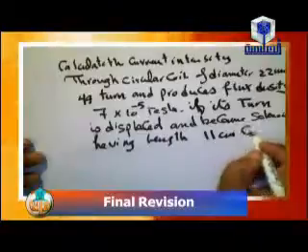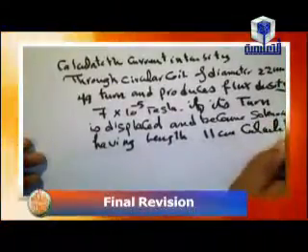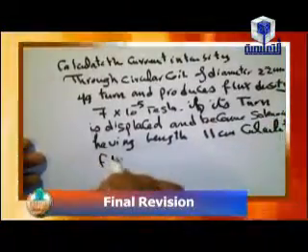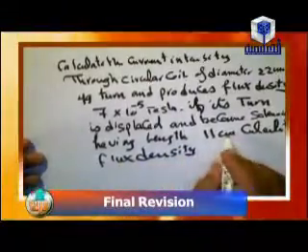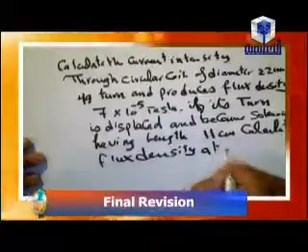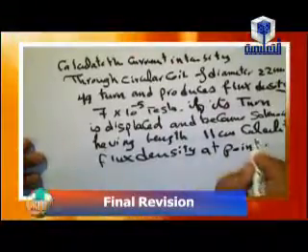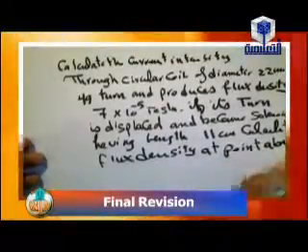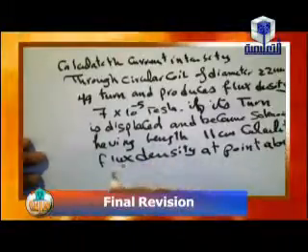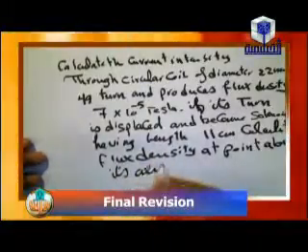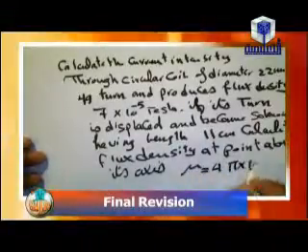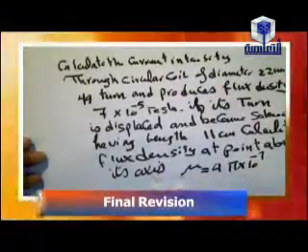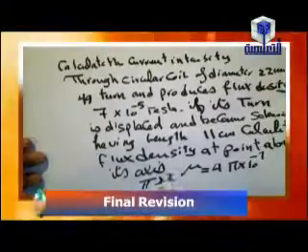Calculate the flux density at a point along its axis. Mu equals 4 pi times 10 power negative 7 and pi equals 22 over 7.